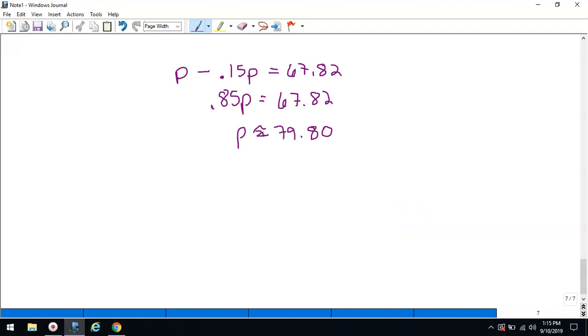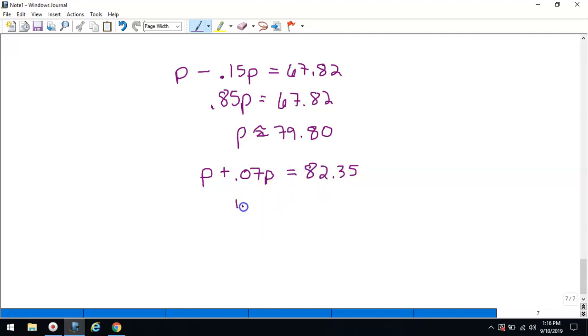Okay, where we at? You bought an item at the store for $82.35, including tax. The tax rate is 7%. What was the price before tax? So, the original price plus 0.07 of the original price is equal to how much you paid, which is $82.35.